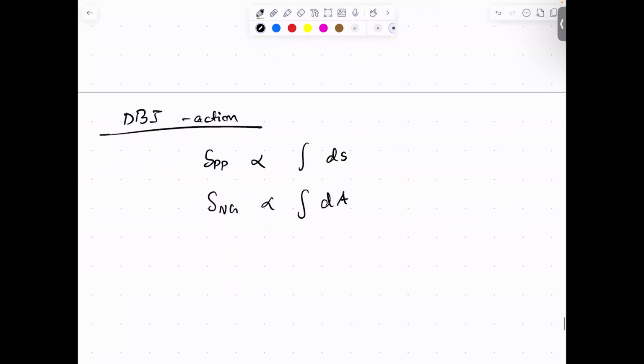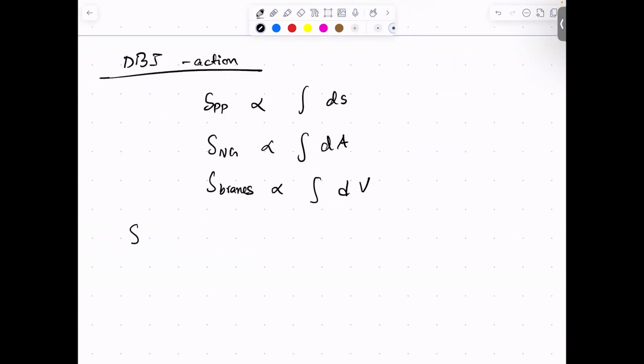So dA, it traces out an area, a particle traces out a world line. So branes, what would they trace out? Volumes, right? It will trace out a higher-dimensional world volume.